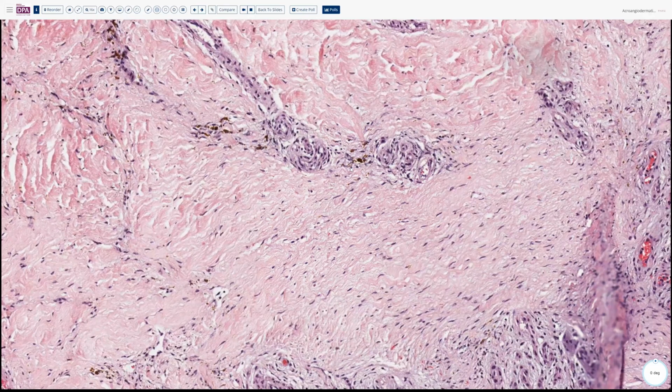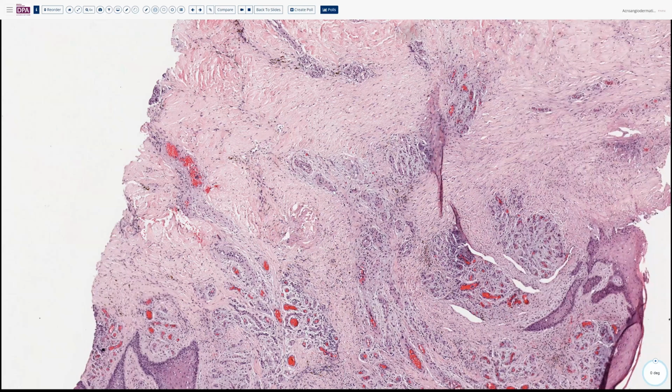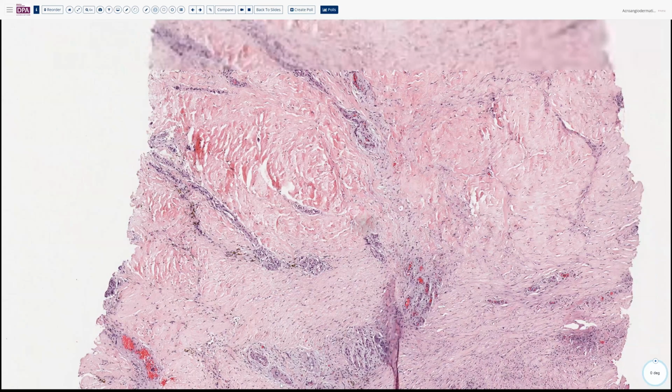This comes with sort of two subtypes, the acroangiodermatitis of Mali, which is a very superficial type, and one that is more transdermal, as is this case, which goes nearly down to the deep subcutis, which would be part of this Stewart-Bluefarb syndrome.